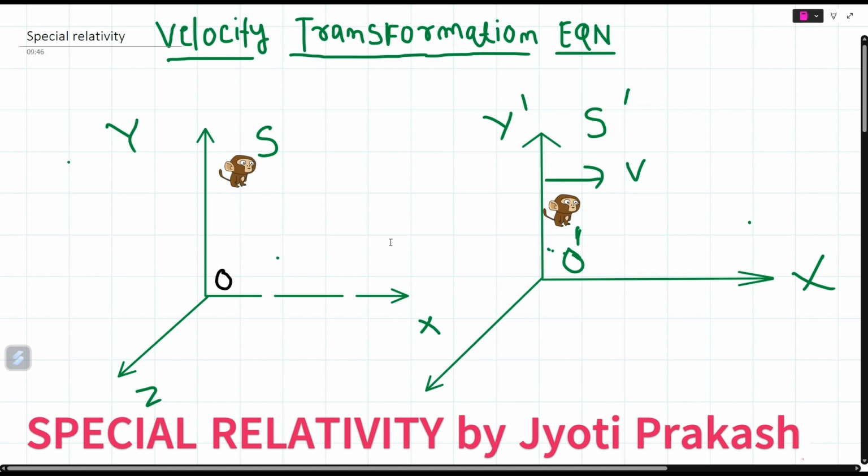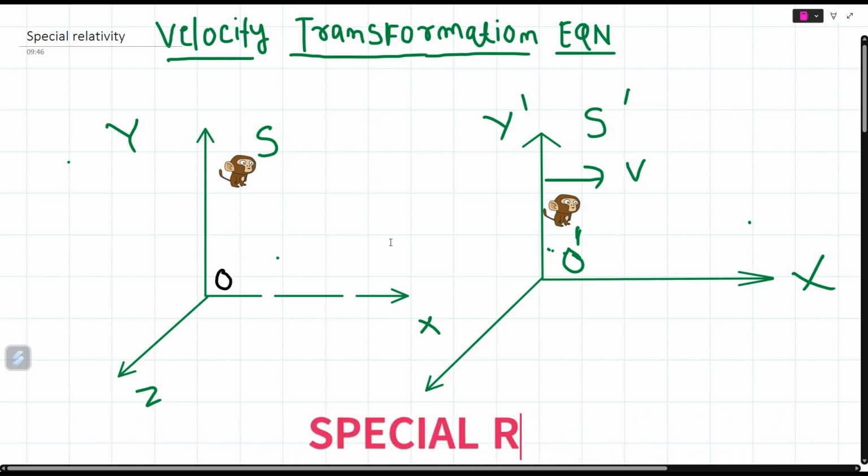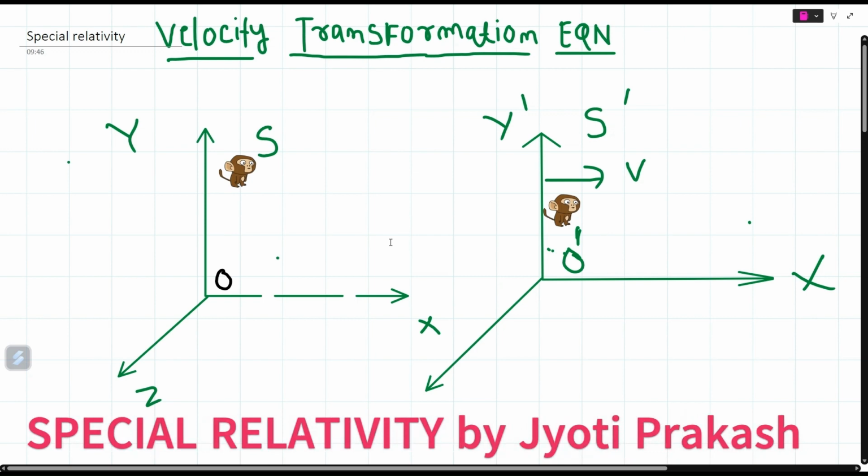For doing that, we have a benchmark in terms of frames S and S prime. You can see that their origins are O and O prime, and S prime is moving with velocity v in the positive x direction.